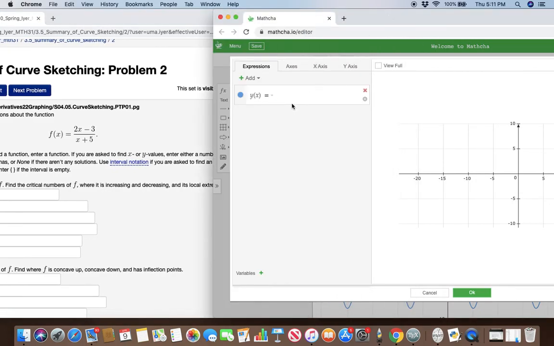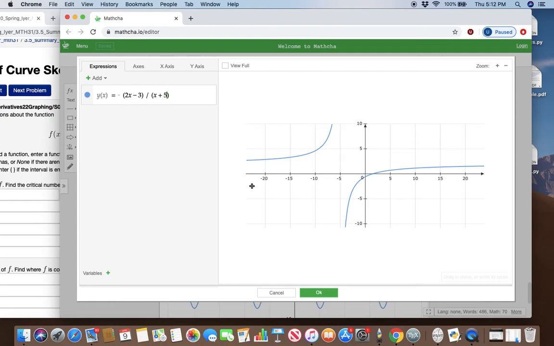Okay, so fraction, be it WebWork or these graphing websites, just write parentheses over parentheses. That makes it a fraction. And now fill in the parentheses. Upstairs is 2x minus 3. Downstairs is x plus 5. There you go.